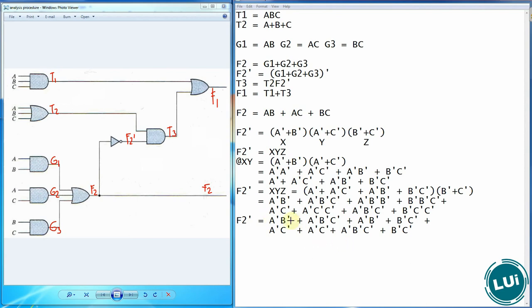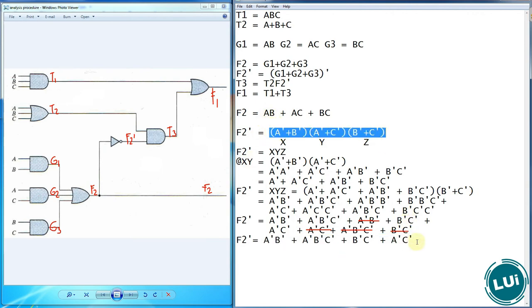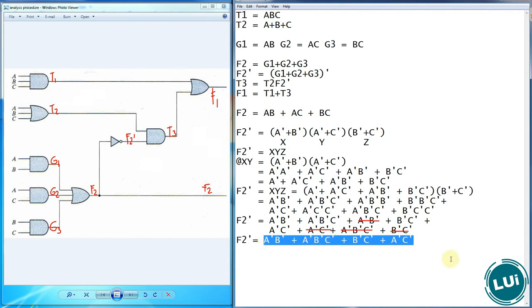For example, A prime B prime is here and you have another one here, so this one will be removed. That's redundant. The same goes for A prime B prime C prime, B prime C prime, and A prime C prime. So we have eliminated the similar expressions. F2 prime is going to be this. This is the simplified expression for F2 prime.